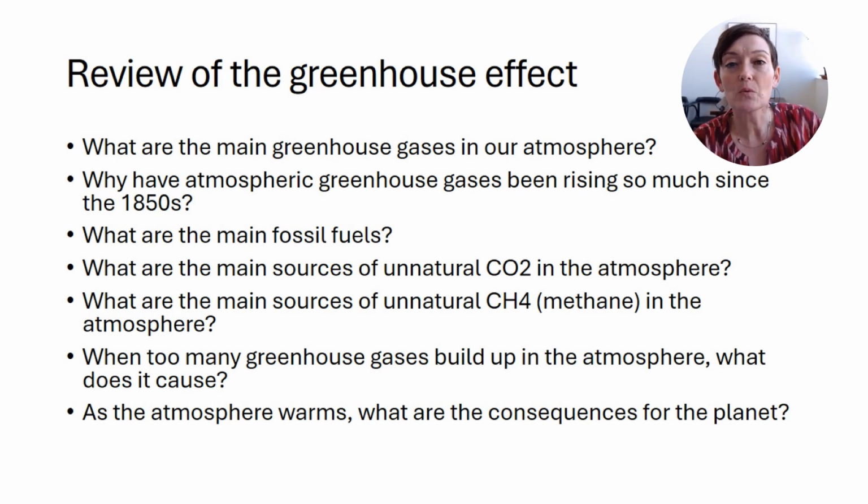So why is it that we have more carbon dioxide and methane in our atmosphere since the 1850s? What is it that happened in the 1850s to change things on this planet?